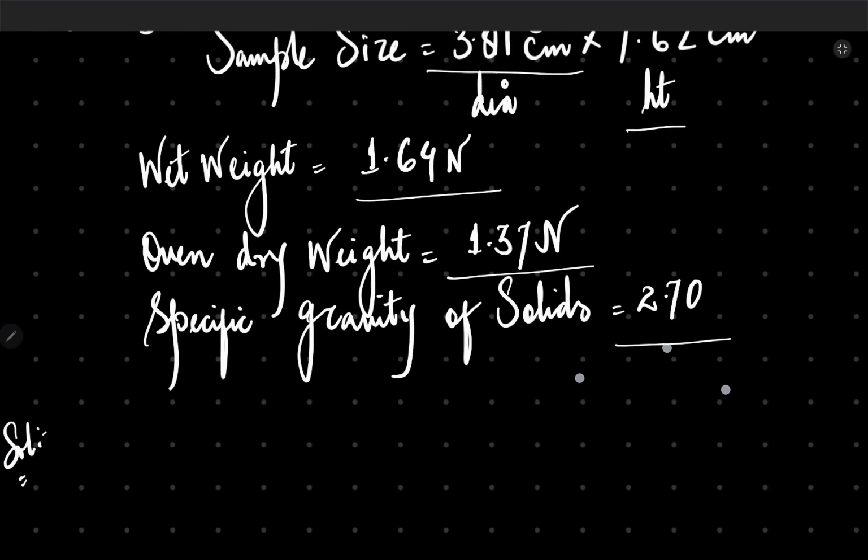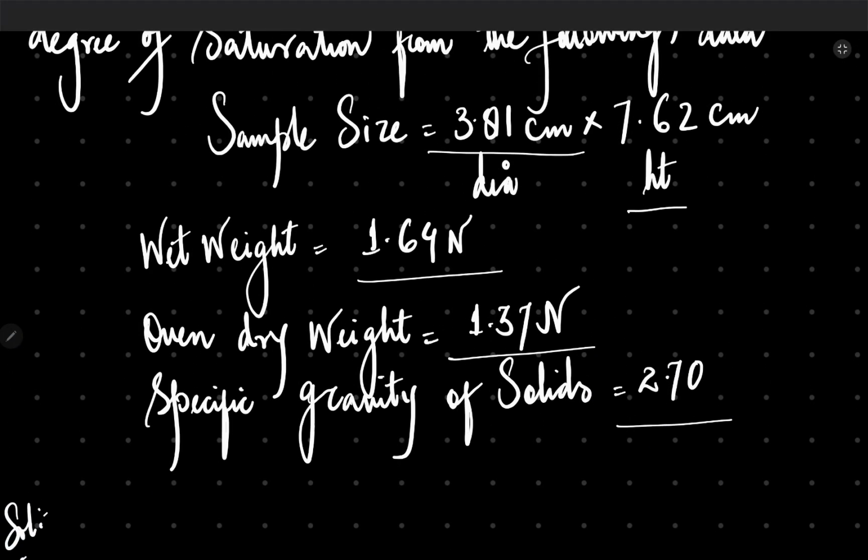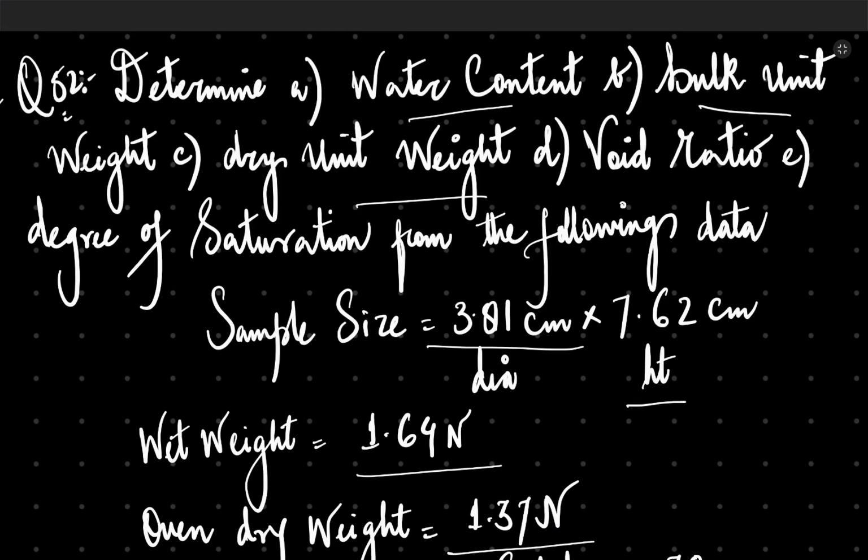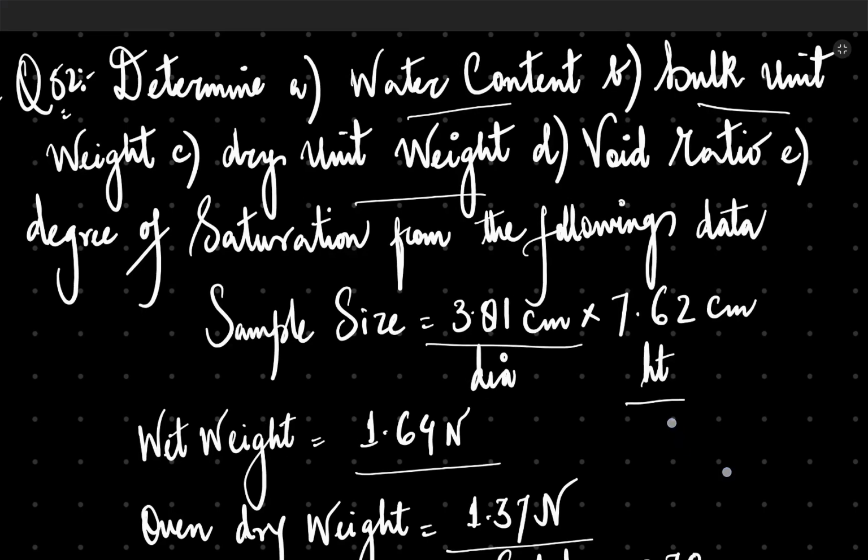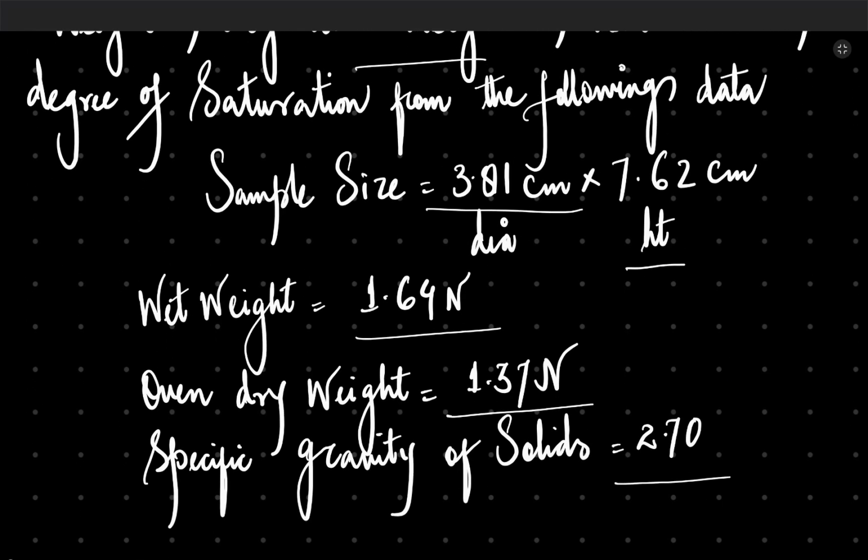What data has been given? We have been given the sample size. This is the sample size of the sampler that was used to take the soil sample for which we have to do the computations for finding out the water content, bulk unit weight, and other parameters. And we know that samplers are usually cylindrical in shape.